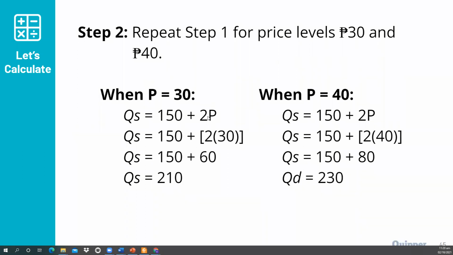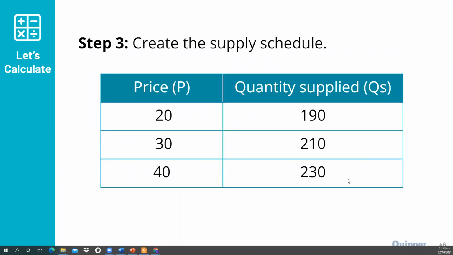So 150 plus 2 times 30, 60 plus 150, 210. And then 40 times 2, 80 plus 150, 230. So as you can notice, as the price increases, the quantity supplied increases as well. Okay, so 190 to 210 and then 230.